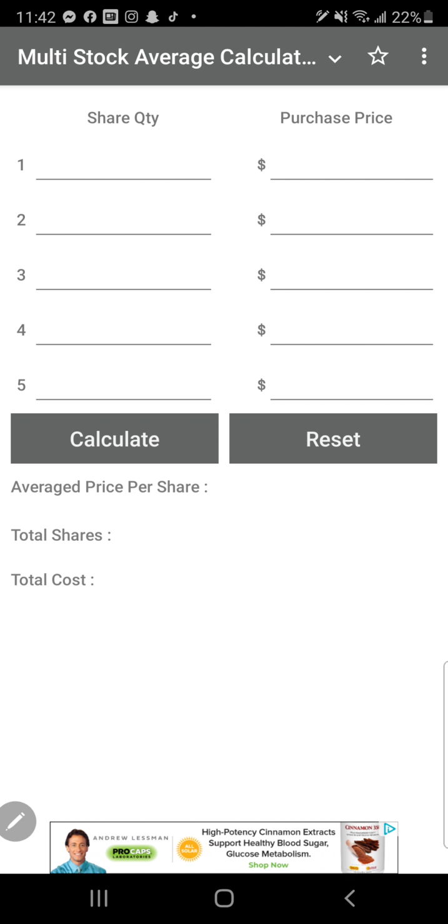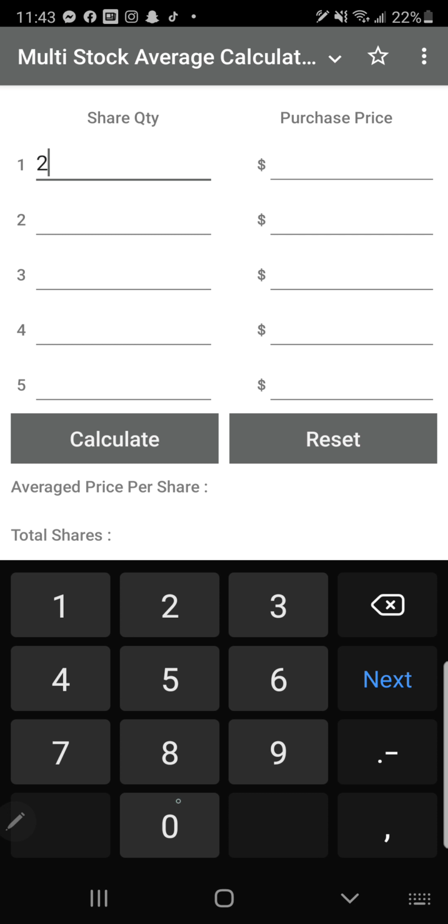But we're going to go with just the multi-stock average calculator. So we'll check that out real quick. So maybe I have 20 shares of Twitter, 10 shares of Facebook, 30 shares of Pinterest, and maybe 25 shares of Snapchat.